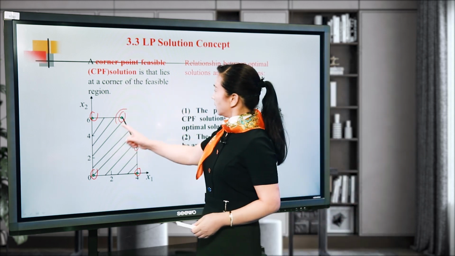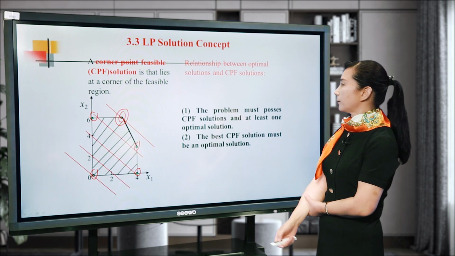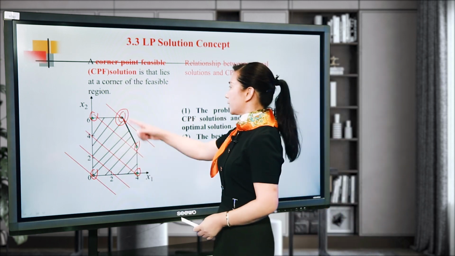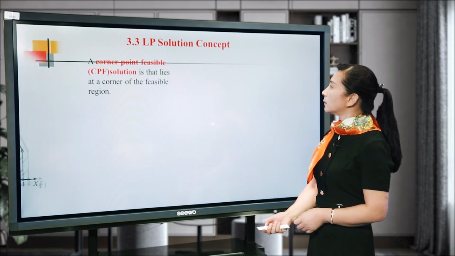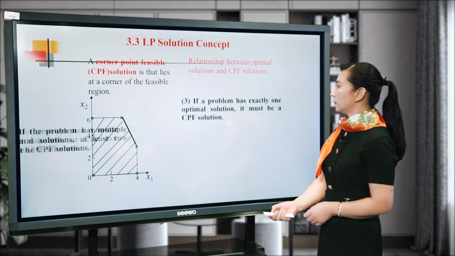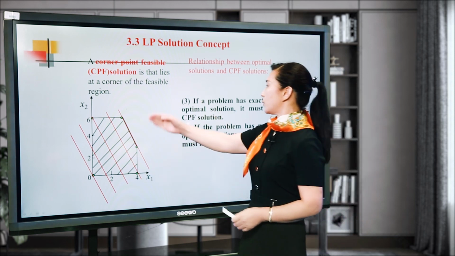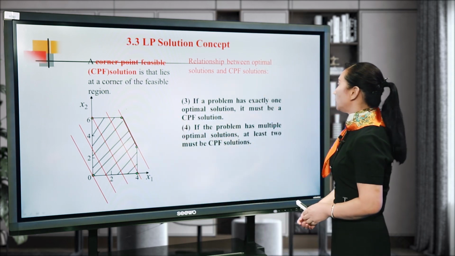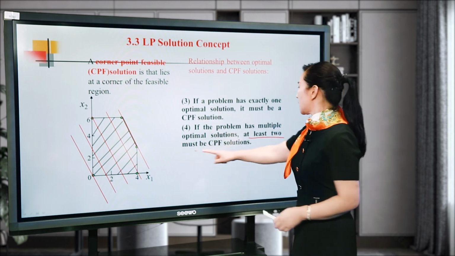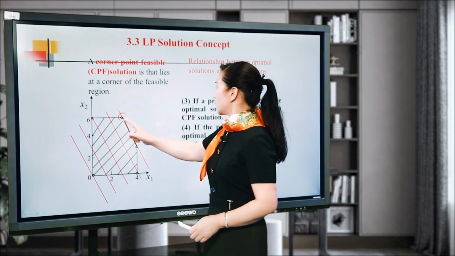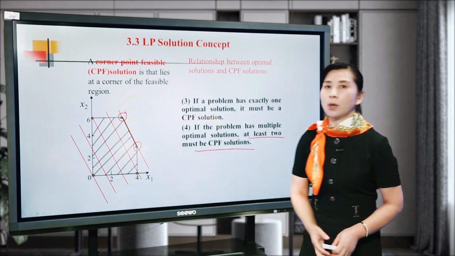This is the best CPF solution. If the objective function is this line and the optimal solutions are infinitely many, then at least two of them must be CPF solutions. This is a CPF solution.